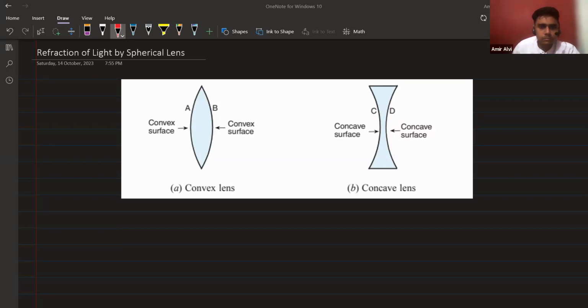So basically this lens is called a converging lens. I will tell you why when we do the image formation. This lens is called a diverging lens. In mirrors, the things were opposite: convex was the diverging mirror and concave was the converging mirror.